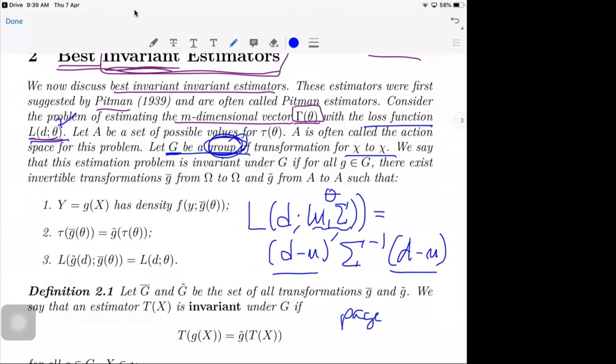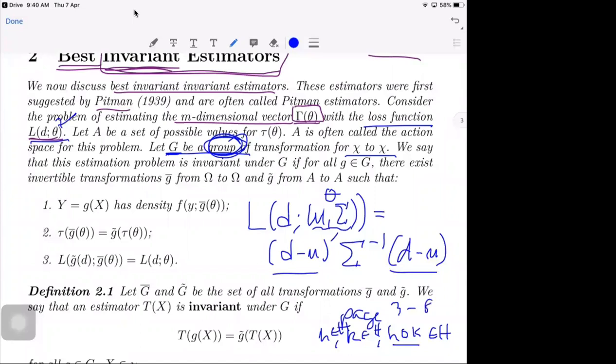Usually it has to do with being closed, and the inverse is also in the set. So if you have two functions h and k, both in capital H, then the composition of h and k should also be in capital H. That is in chapter 1, pages 3 to 8, no?